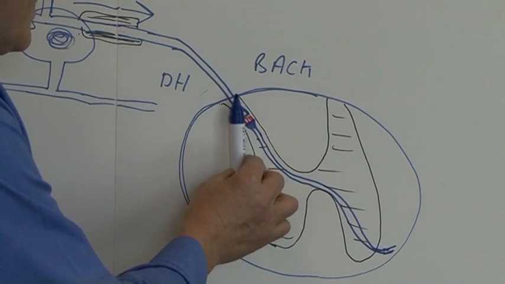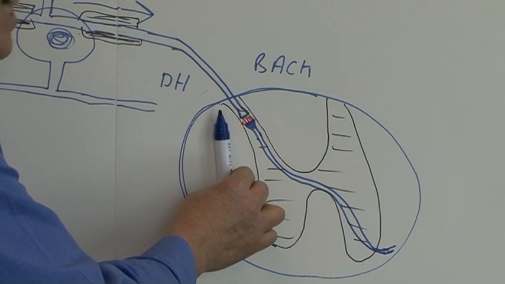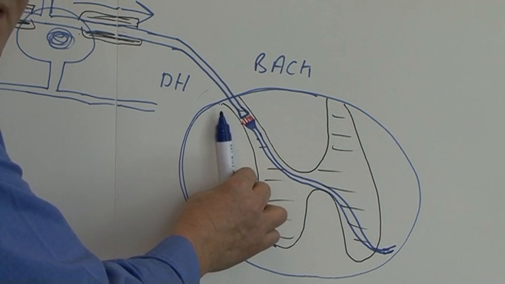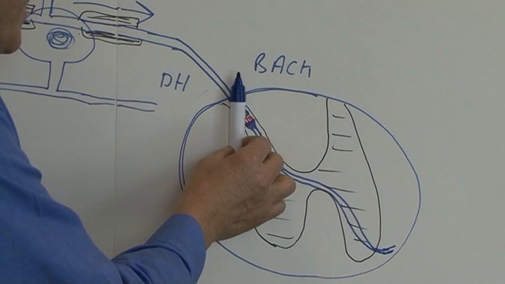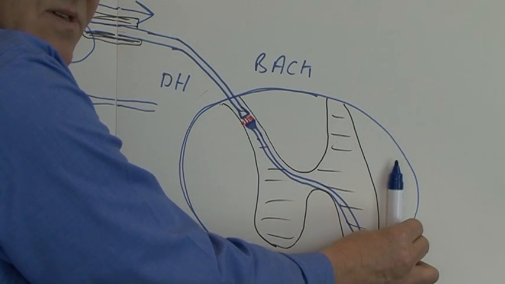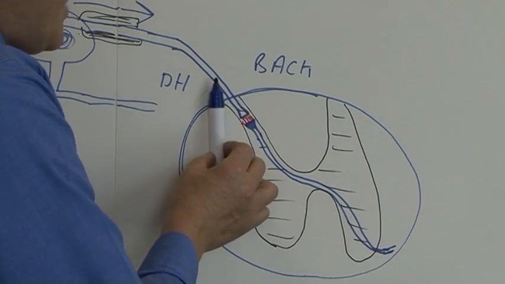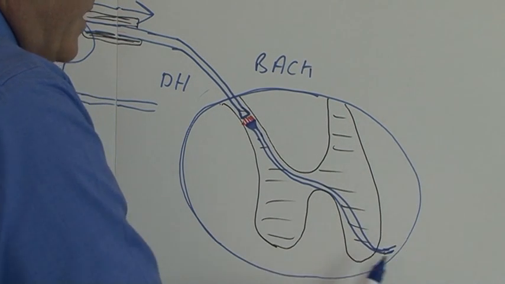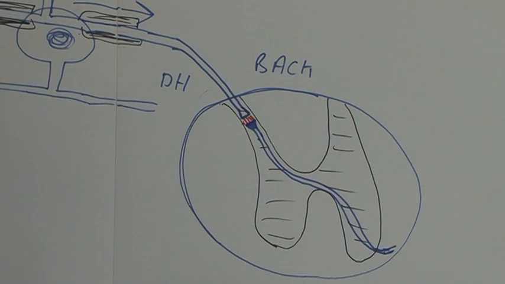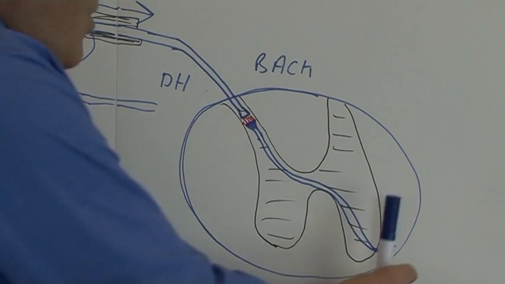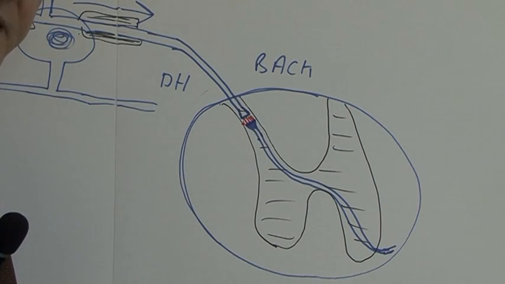They go from this side, the ipsilateral side, which is the same side, to the contralateral side. So ipsilateral, contralateral. They've gone on to the other side. And now that they're on the other side, they're at a particular level in the spinal cord. What they need to do now is go up the spinal cord to get to the brain.